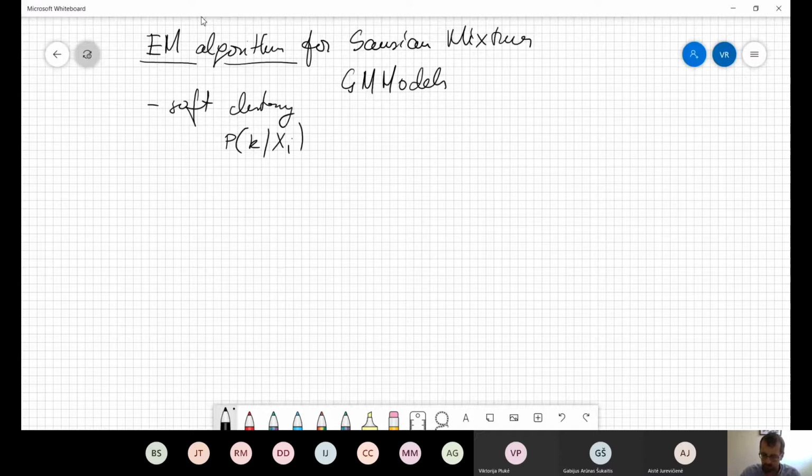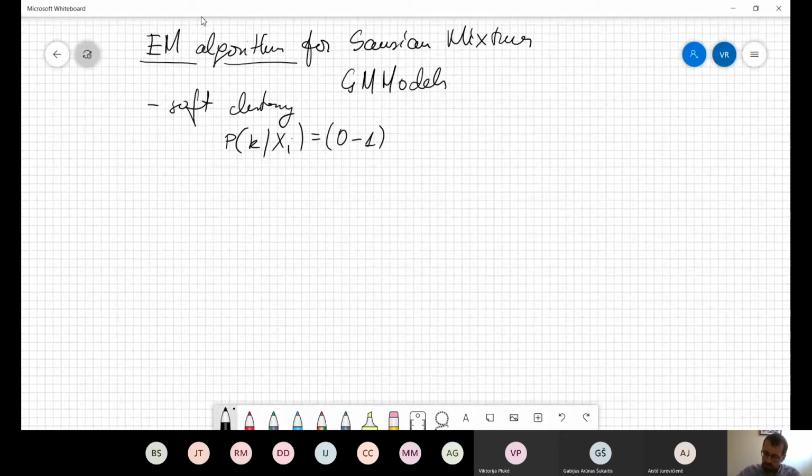So for each cluster, 1 to capital K, we'd like to know what's the probability of this particular observation to be in a certain cluster. So basically, we want to have these probabilities expressed from 0 to 1, not like in hard clustering having just 0 or 1. So basically, this was a hard one.